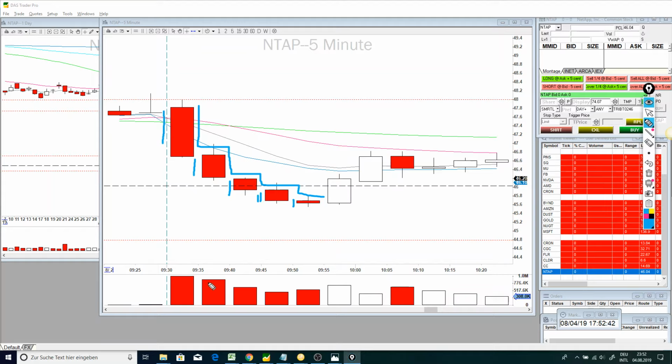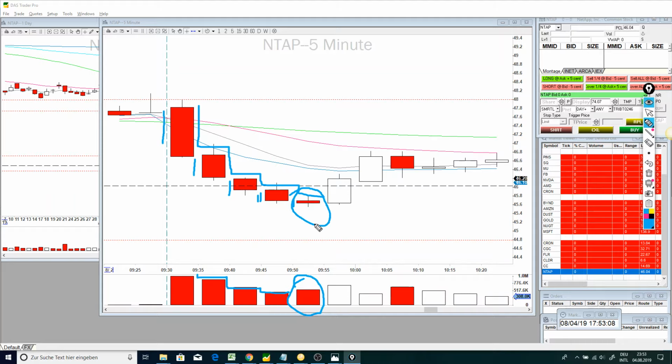And let's go to the volume. Volume also forms a similar pattern. You have a high volume here, and a shrinking volume, and more shrinking volume. So you also have a staircase pattern here. This is something that I'd like to call a stopping volume.